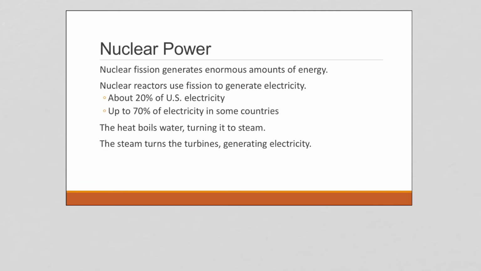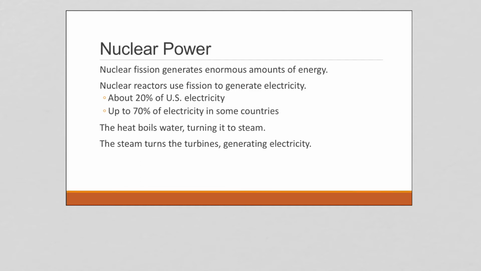So let's talk a little bit about what we mean when we say nuclear power. So nuclear fission, in the sense of nuclear power, is a source of energy. In this case, mostly heat, right?